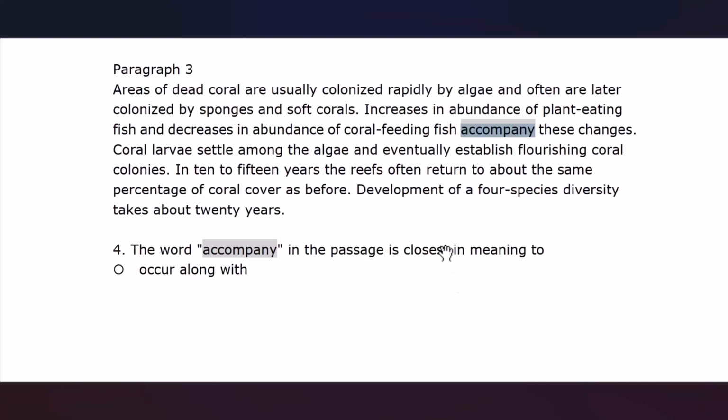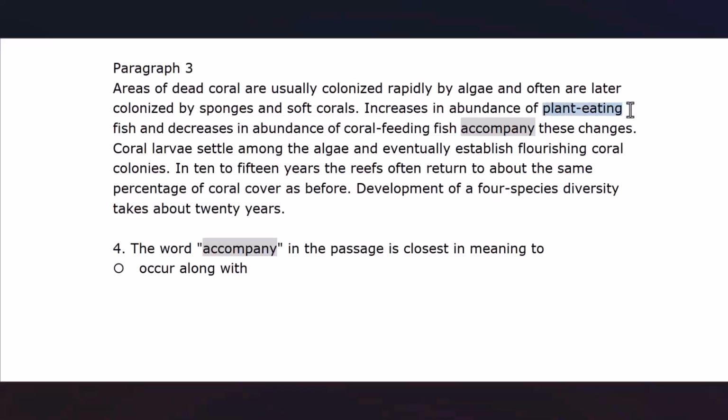And don't confuse this verb accompany or company here with the common meaning of company, that means manufacturing firm, a kind of business, a corporation.